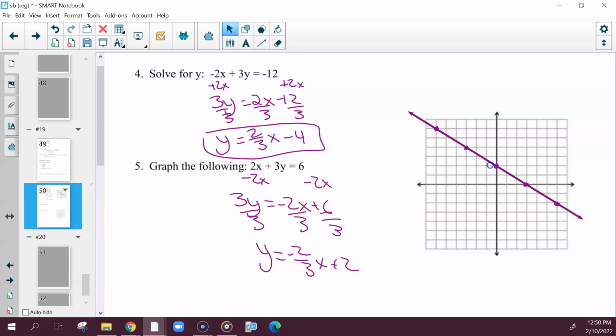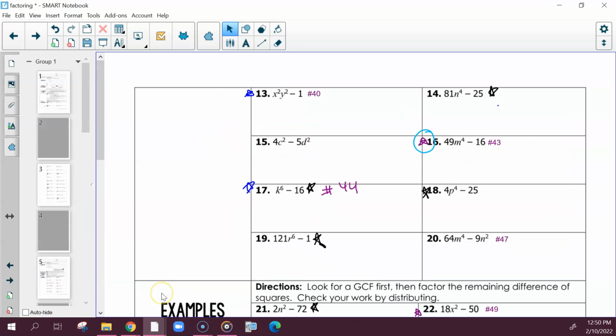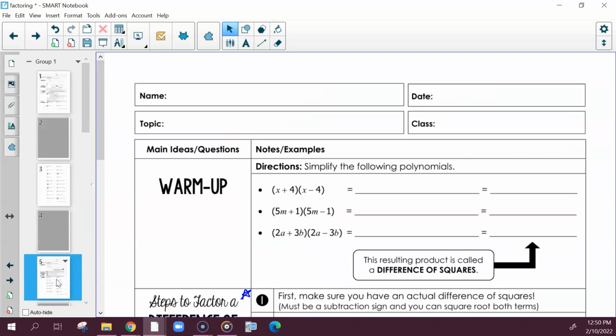You all have new notes in front of you. This will be the next set of factoring in the unit. And it should look something like this.